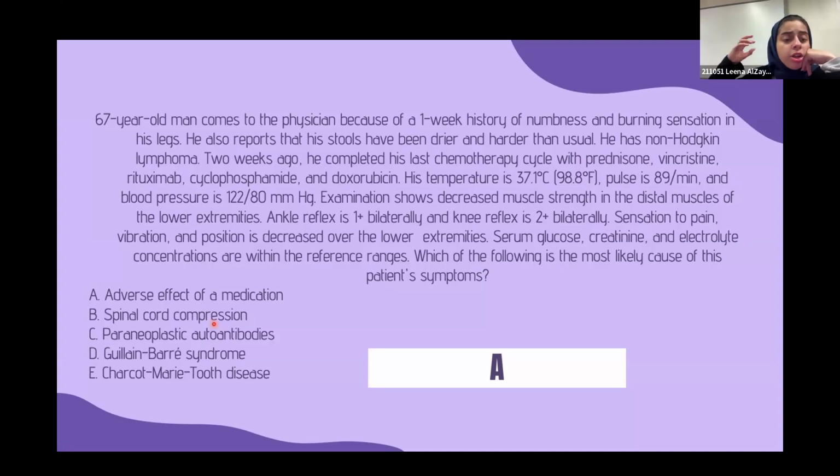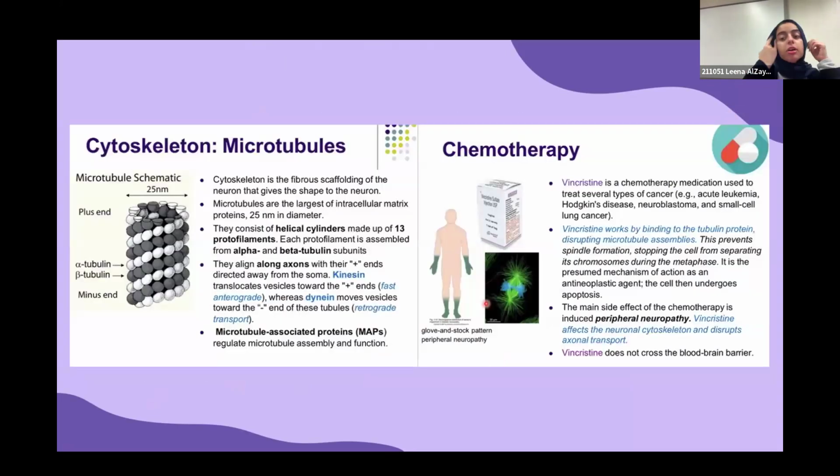So there must be some specificity that indicates whether it's Guillain-Barré or spinal cord compression. The keywords aren't there for this question. Is it clear now why the answer is the adverse effects of the medication? Again, the focus and the keyword here is vincristine. Okay, let's go to the next. And again, vincristine does not cross the blood-brain barrier, so it causes peripheral neuropathy.